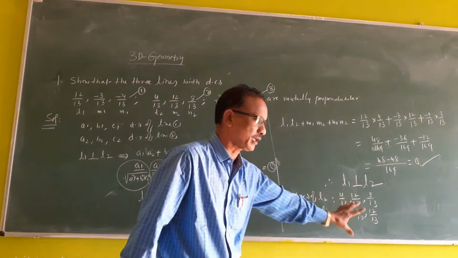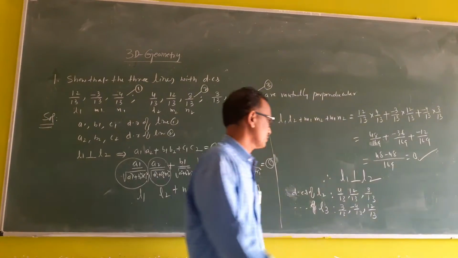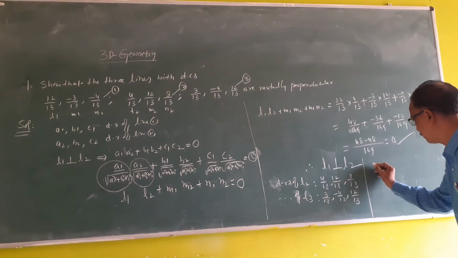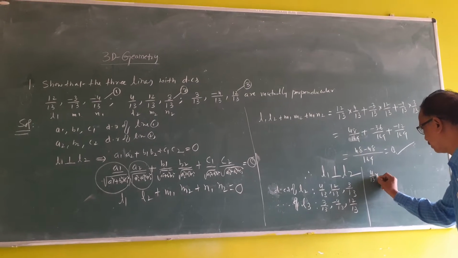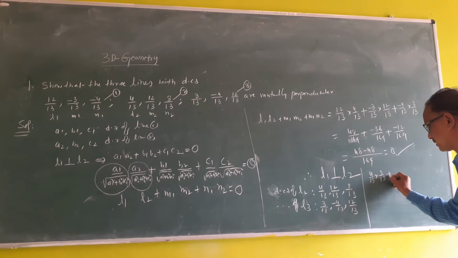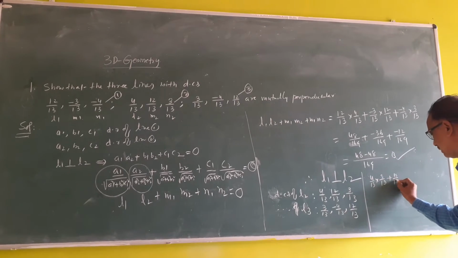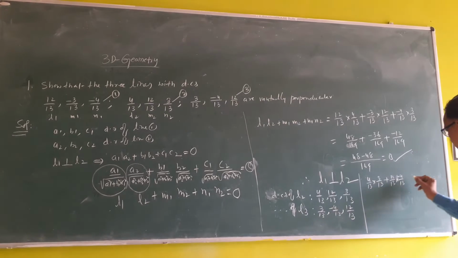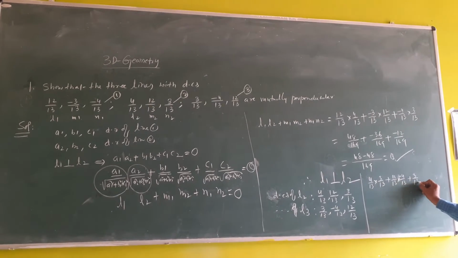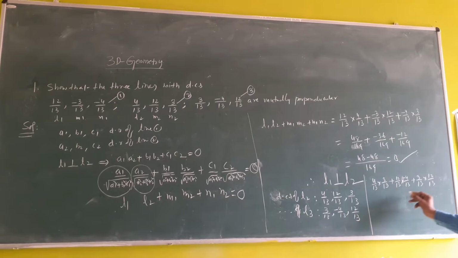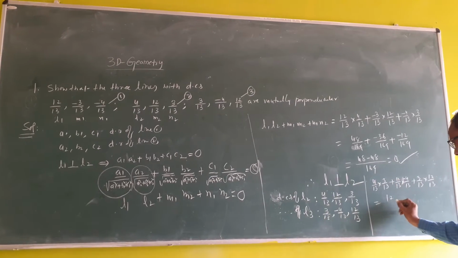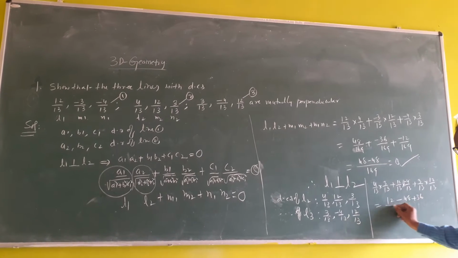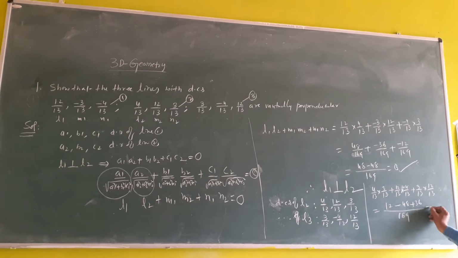Right. Now you take the product of these: 4 by 13 into 3 by 13, plus 12 by 13 into minus 4 by 13, plus 3 by 13 into 12 by 13. Now find out: 12 minus 48 plus 36, over 169, is also 0.